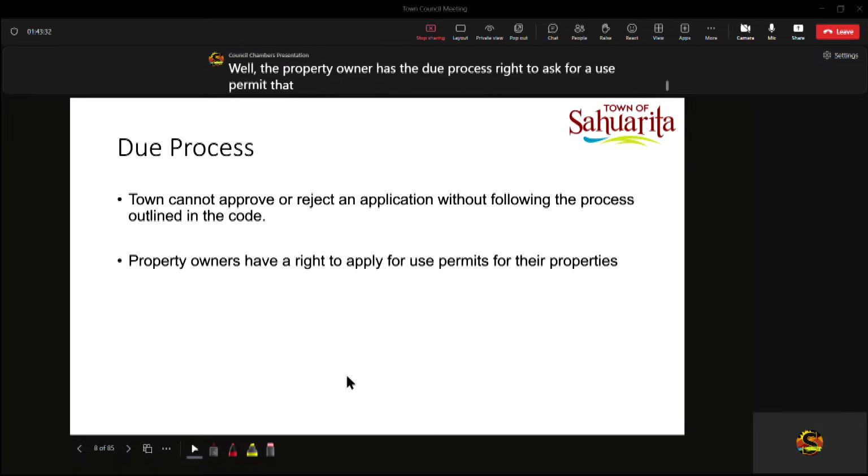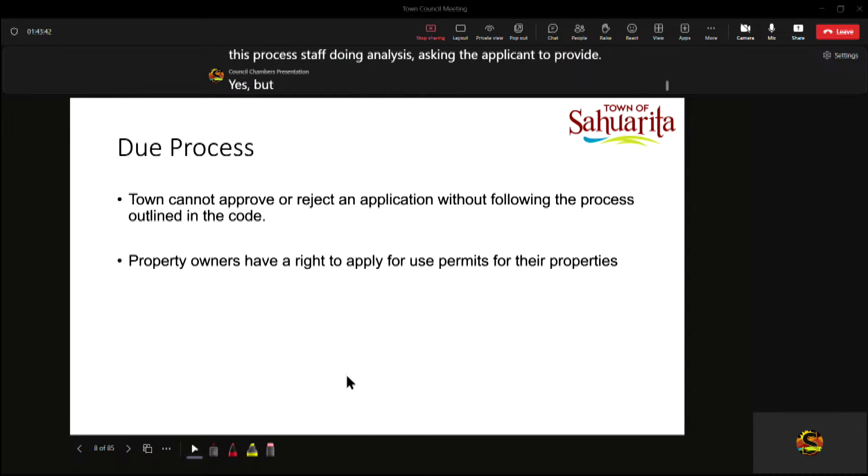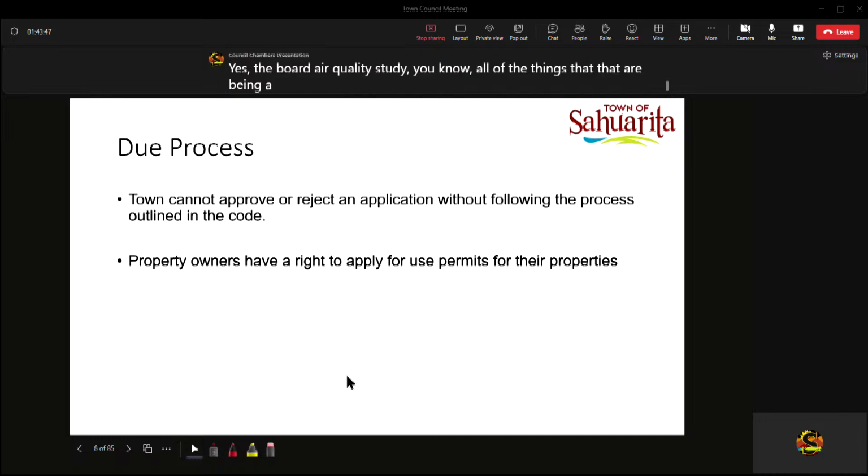That's why we're sitting here for 10 months or more, going through this process, with staff doing analysis and asking the applicant to provide this report, an air quality study, all of the things that are being asked for. It's all part of the procedure of a use permit. You can't just unceremoniously reject it out of hand. There is a process, which is notice and opportunity to be heard. That's the definition of due process.